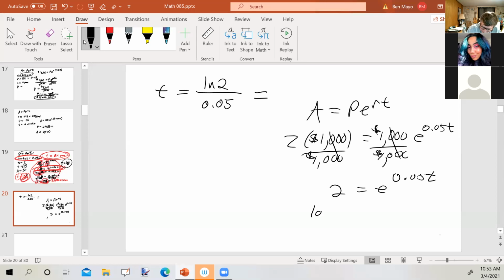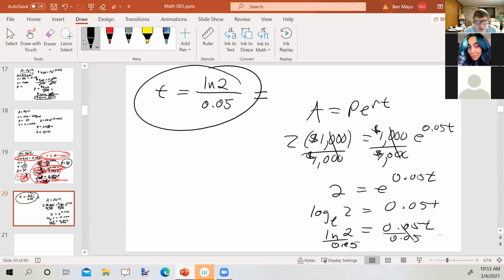We change that to log base e of 2 equals 0.05 t, but log base e is natural log of 2. Then we divide by 0.05. That's doing it the long way, but we end up with that, so again that's a shortcut for doubling. All right with that? Natural log of 2 divided by 0.05 is 13.86, and I think they go to the nearest tenth, so it's 13.9 years.